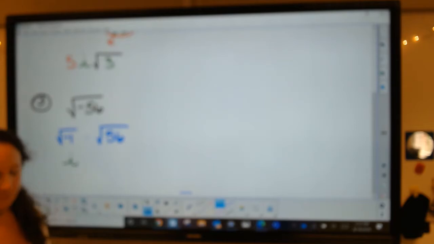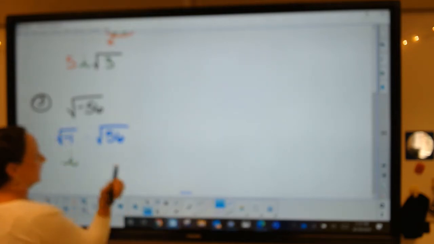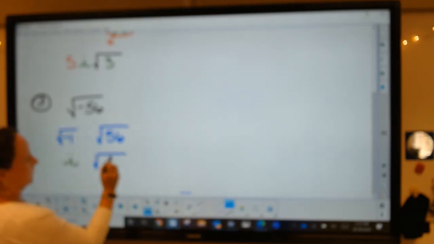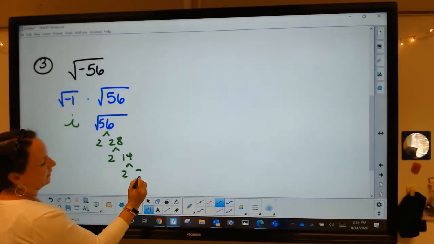For this one, I think I will break it down by primes. 56 divided by 2 is 28. So I've got 2 and 28, which would be 2 and 14, which would be 2 and 7.